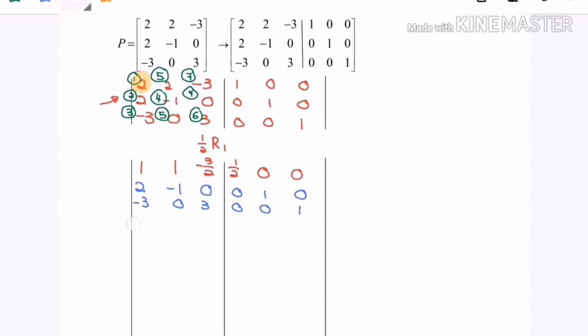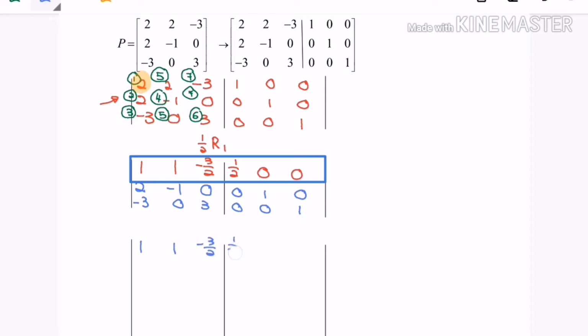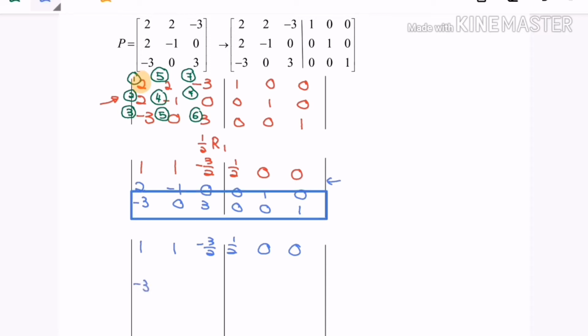First I'm going to copy down what won't change, which is row number 1: 1, 1, negative 3 over 2, 1 over 2, 0 and 0. You have to refer to this matrix. Copy: negative 3, 0 and 3, 0, 0, 1. Those blue colored ones are not going to change.